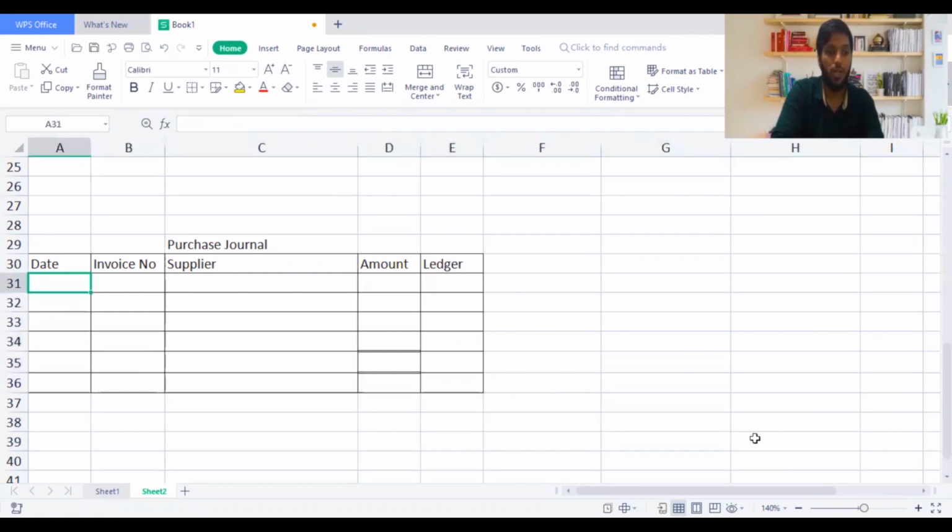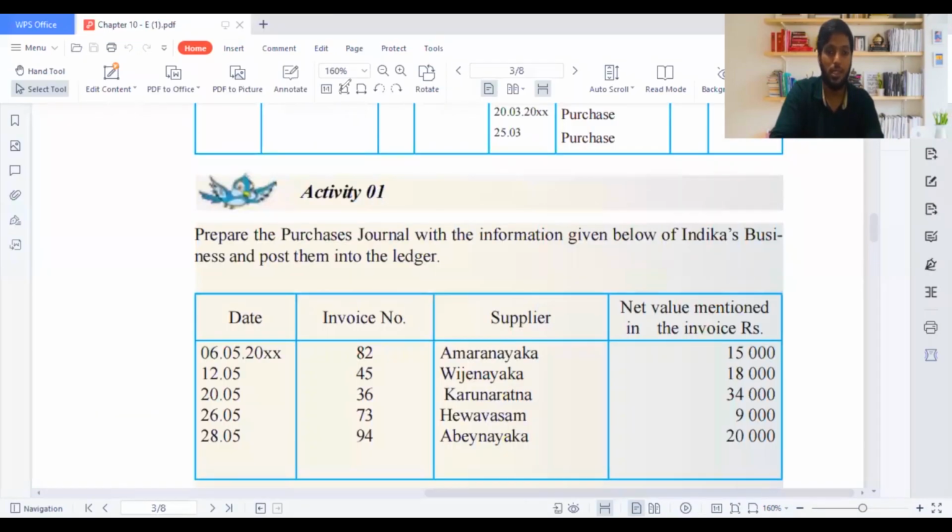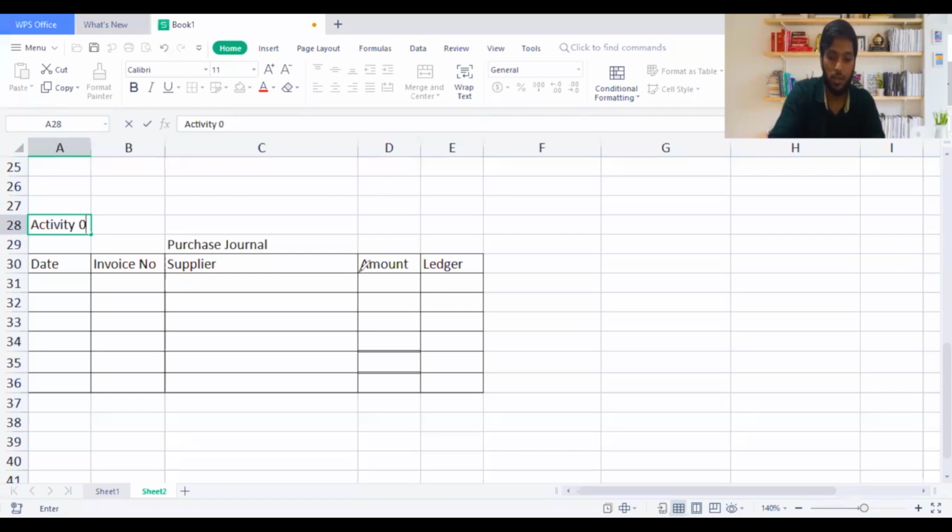So now we have date, invoice number, supplier, amount, ledger, the same way. But now we're going to start activity 1, Indica's business. Now I'm going to do the purchase journal.